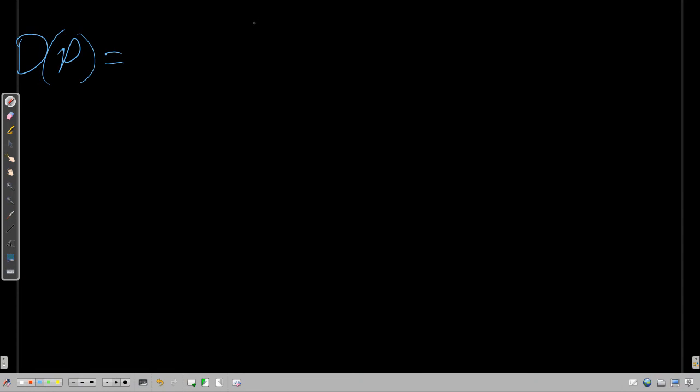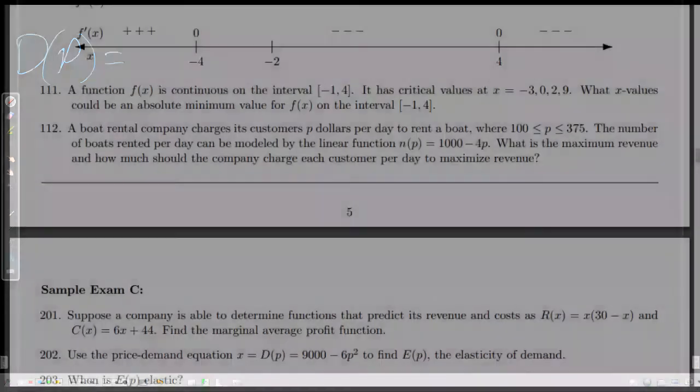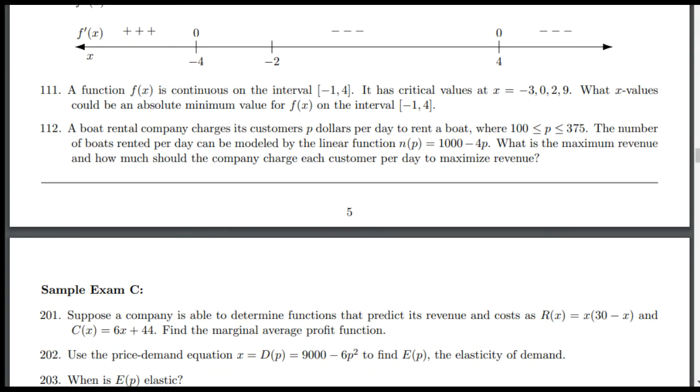Well, let me be careful, because that says the number of boats rented per day can be modeled by this linear function. I don't want to accidentally read too much into that.